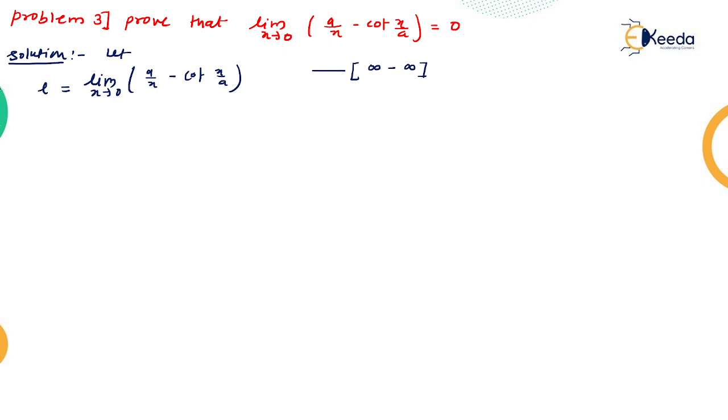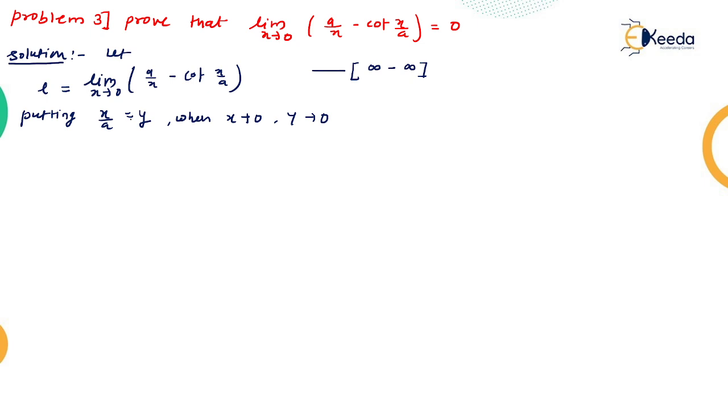Now next, putting x by a equal to y, some variable, when x tends to 0, y also tends to 0. There is a simple trick for the solution, guys.